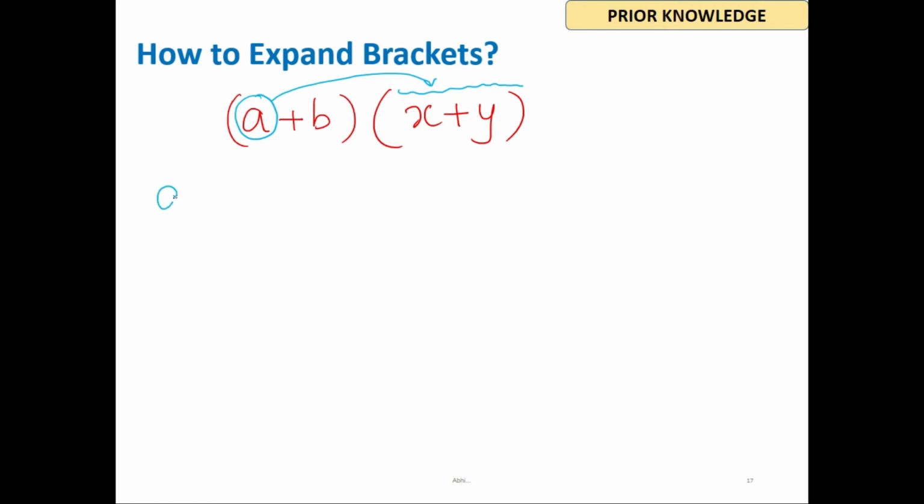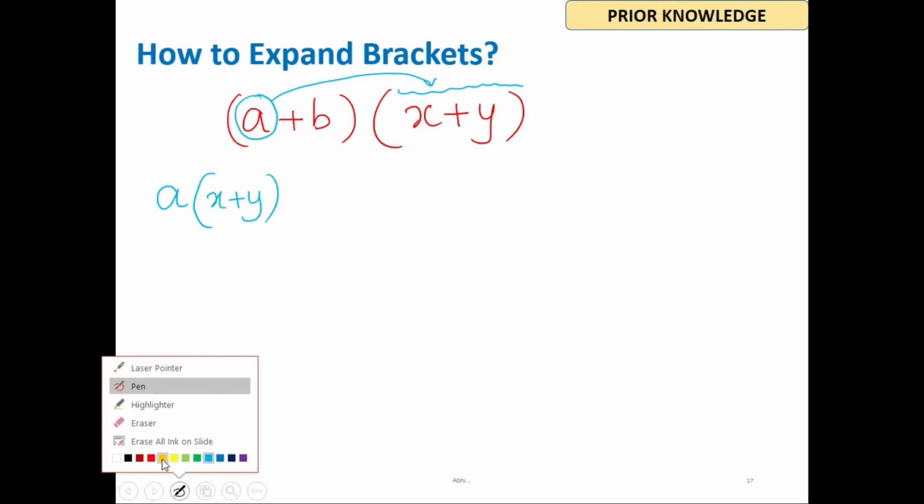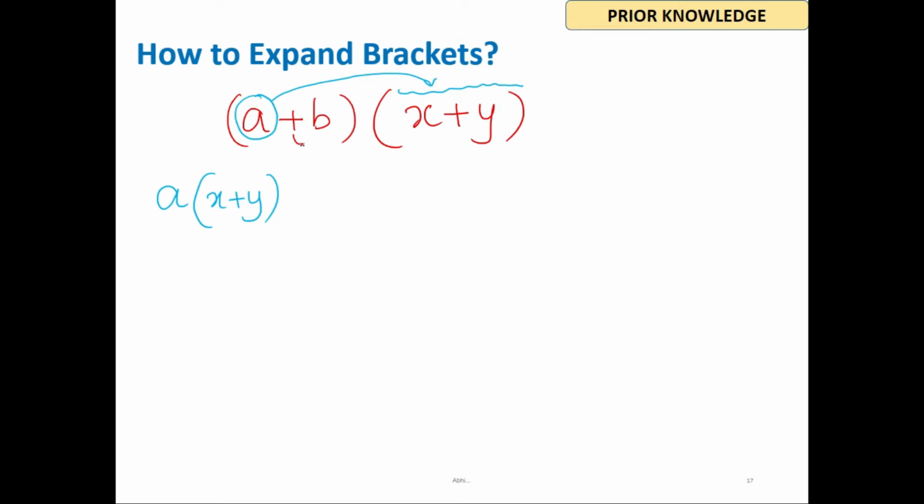So it looks like a getting multiplied with x plus y, and then don't forget to put the same sign that connects a and b. So you put the same sign plus here, and then you're going to multiply b with the expression x plus y. So this is how it's going to look like.